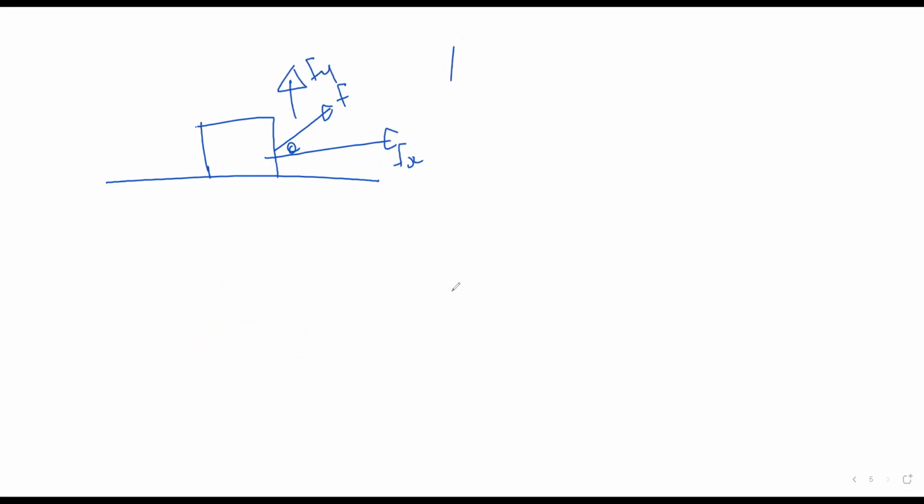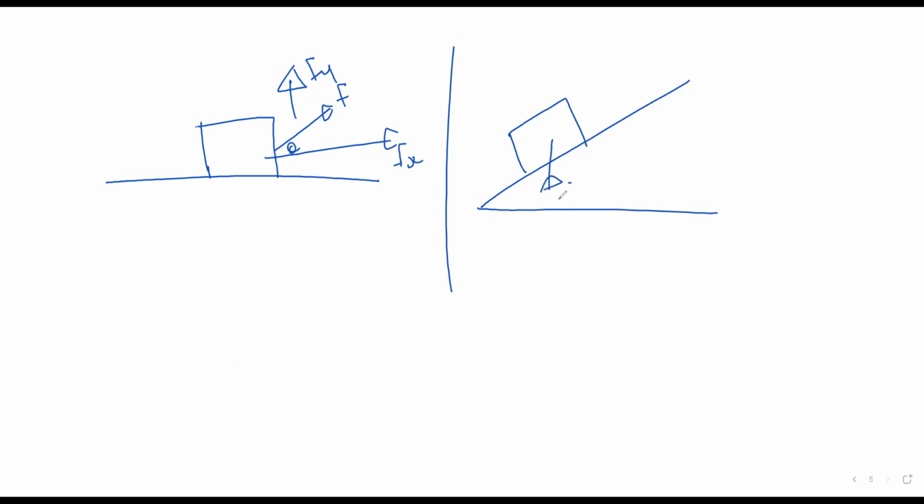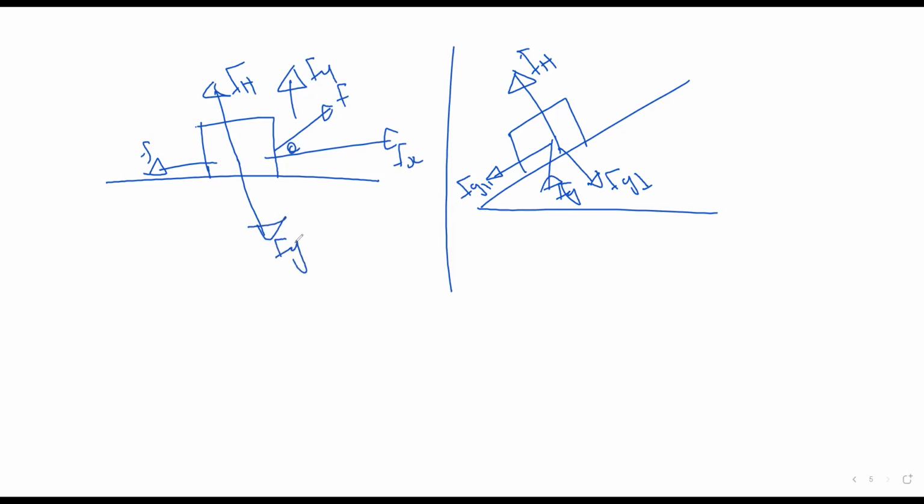Then again, if we have an object on an incline, always know that we have gravitational force Fg, which has components Fg perpendicular and Fg parallel, normal force, and other forces that might be acting on the object. Then here we'll maybe have friction and normal force and also Fg. So in this situation, remember, if they ask you to find a normal force, always take note.